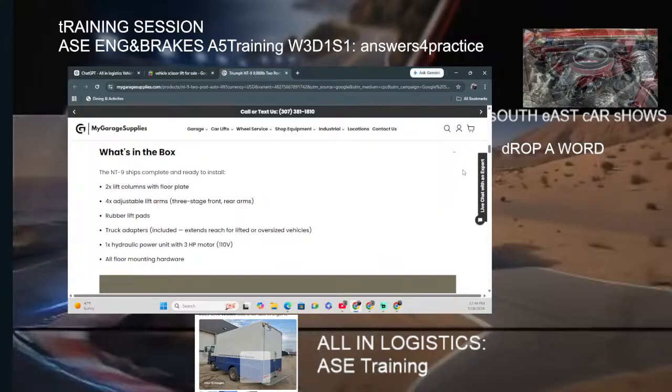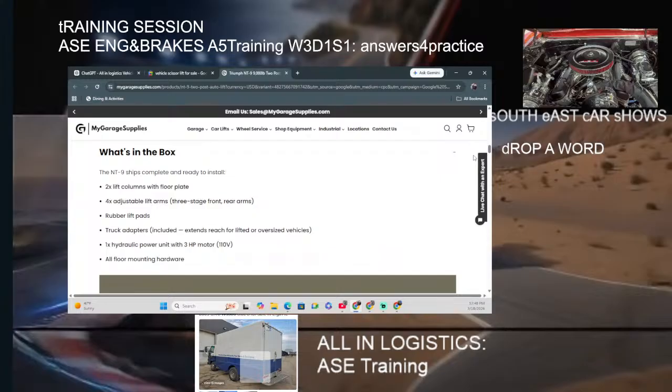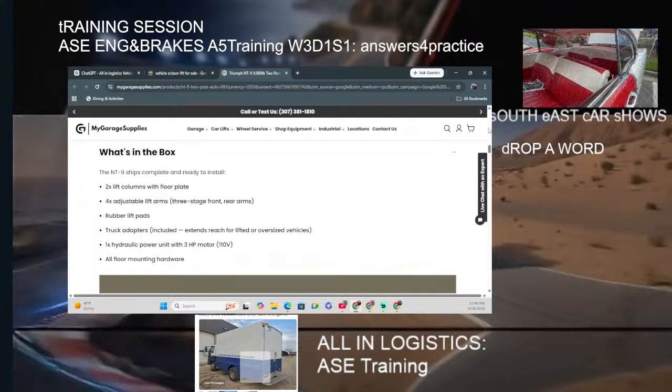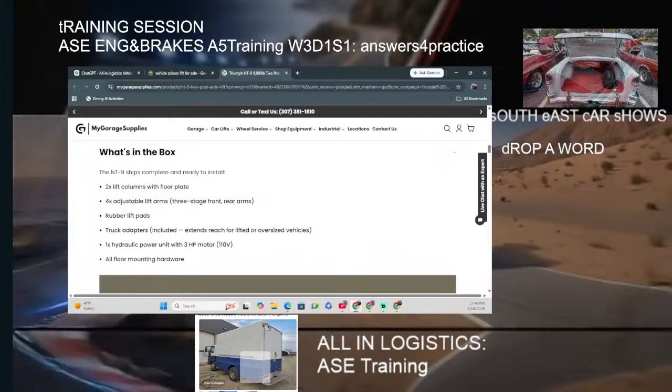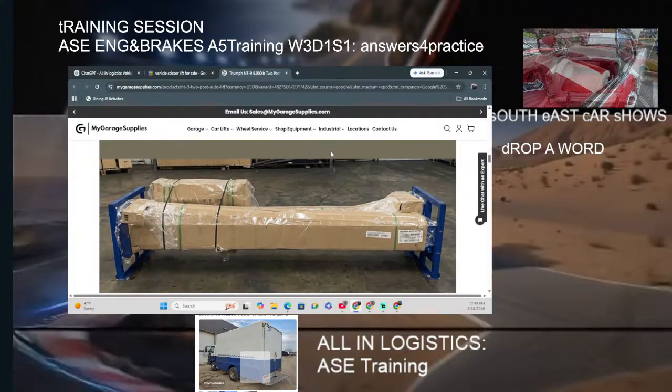We got the columns with floor plate, 4 adjustable lift arms, 3-stage front rear arms, rubber lift pads, truck adapters included, extends reach for lifted or oversized vehicles. And then hydraulic power unit with 3 HP motor, 110 volts, as well as all floor mounting hardware.